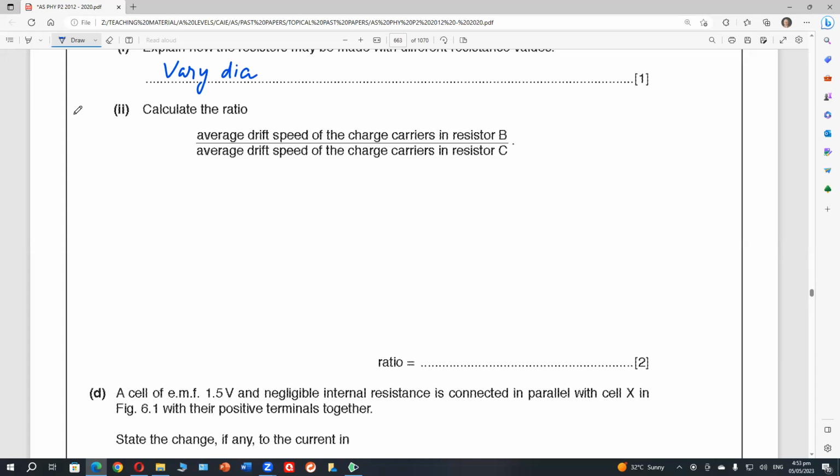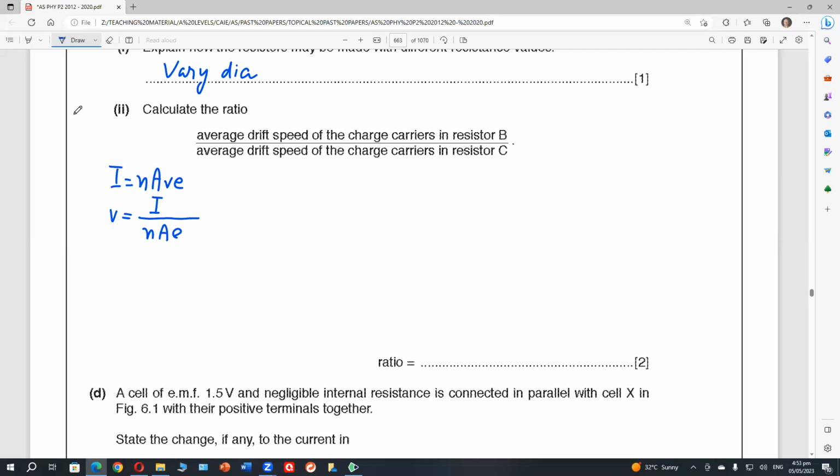Part 2. It's the same derivation, but it is always ideal to do it however many times it comes back, doesn't matter.